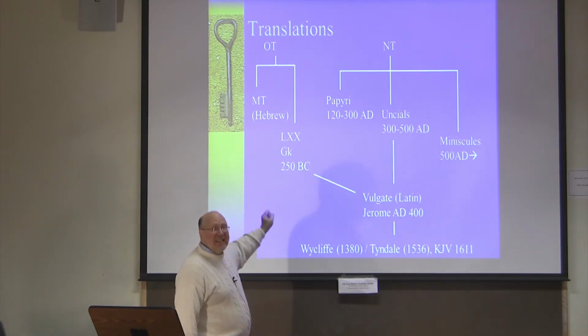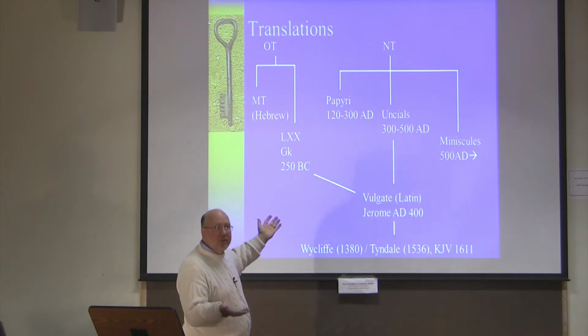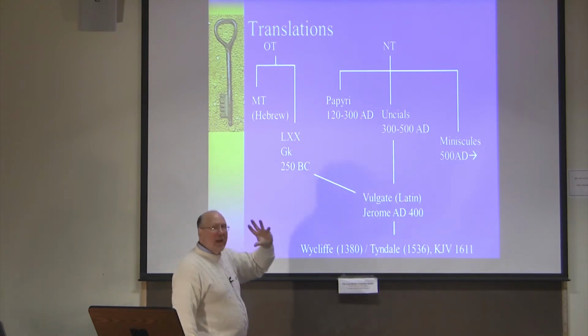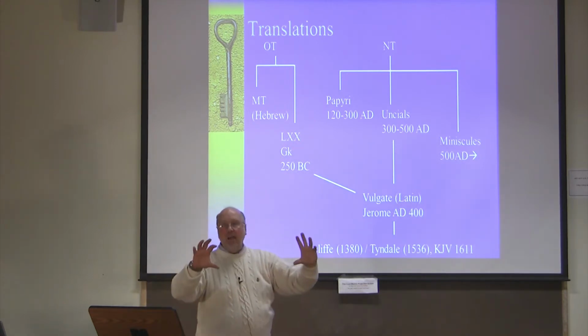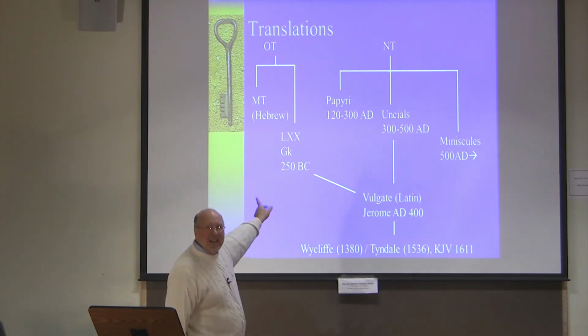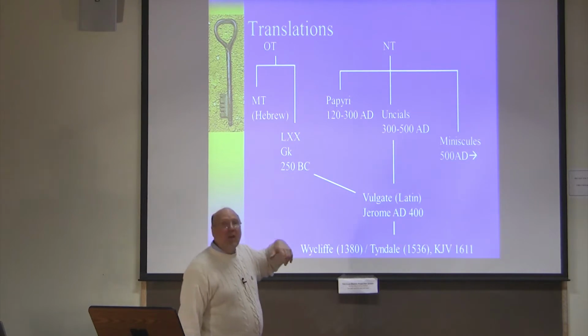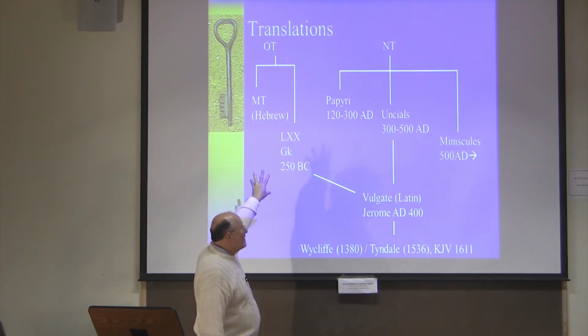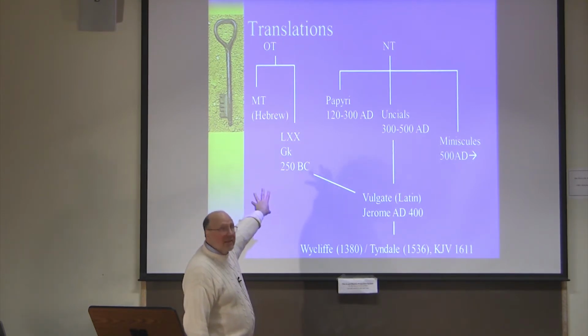The LXX is the Greek Old Testament that was done by the Ptolemies around the 200s BC. I didn't put it up here, but the Dead Sea Scrolls would also be part of this mixture: the Masoretic text, the Dead Sea Scrolls, and the Septuagint. You put that together and it basically becomes your Old Testament text.